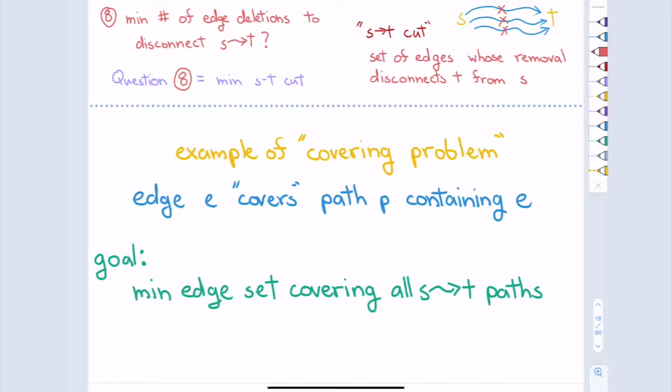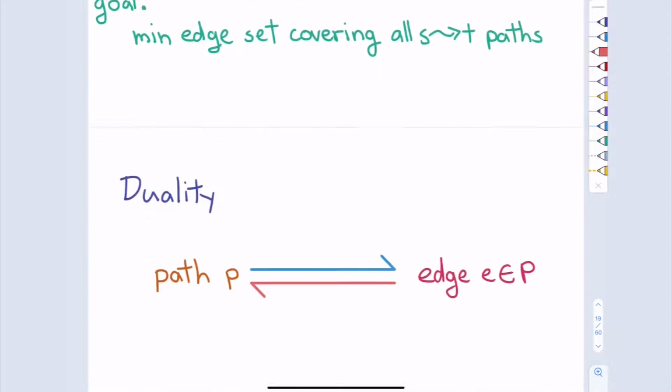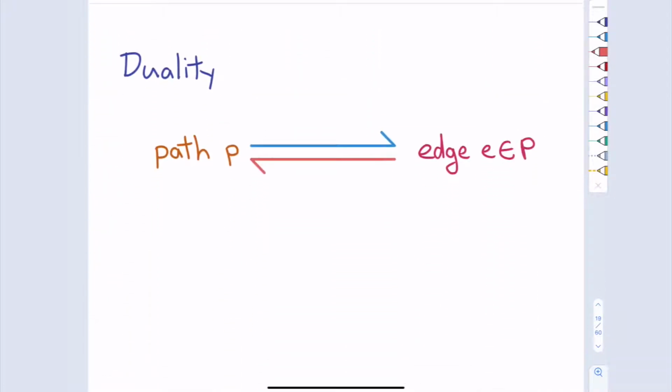So we can write this as: I want to get the minimum set of edges that covers all the paths from S to T. And the theme I'm trying to emphasize here, that continues something from Tuesday, is that we have this duality of two related problems. They're sort of symmetric. On one hand, we have these paths that are being packed into each edge in the path.